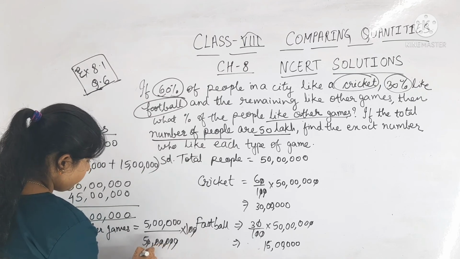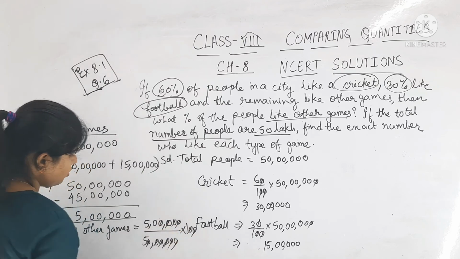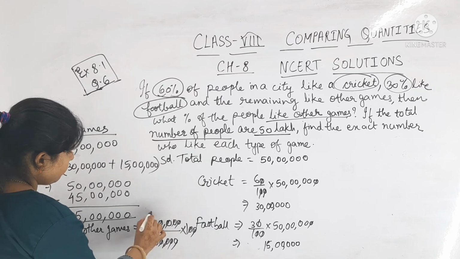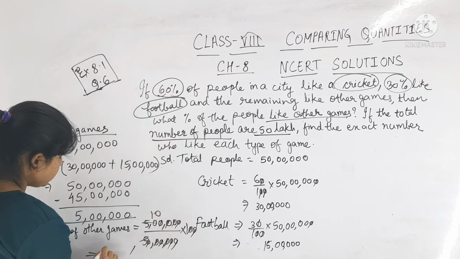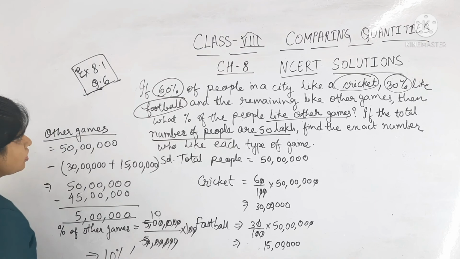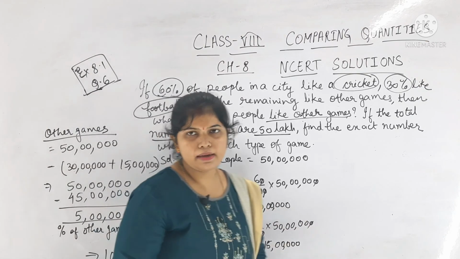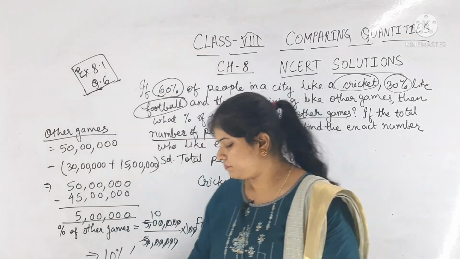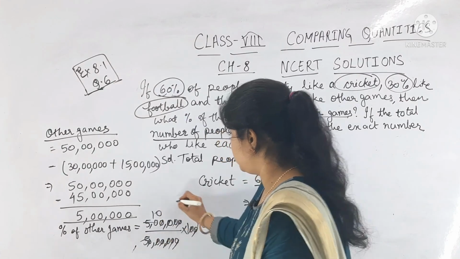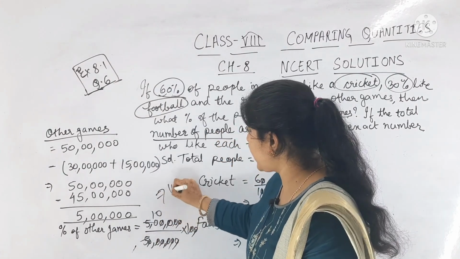So 5 ones are 5, 5 tens are 50. So how much percent? 10% is your answer who like other games.